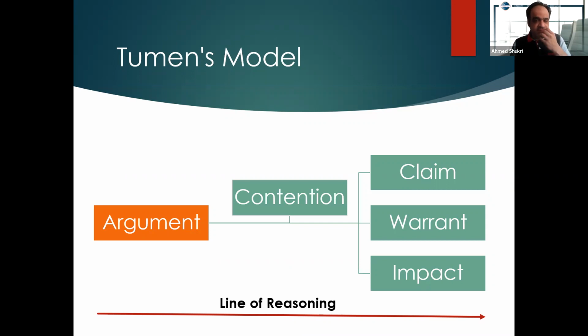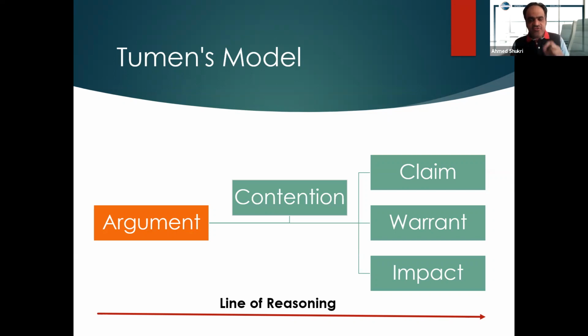So let's say, for example, you're going to build an argument. You're going to build your own constructive speech. So your argument should have what we call the most effective line of reasoning, so that people who are listening to your argument can draw the same conclusion that you are doing in your argument.